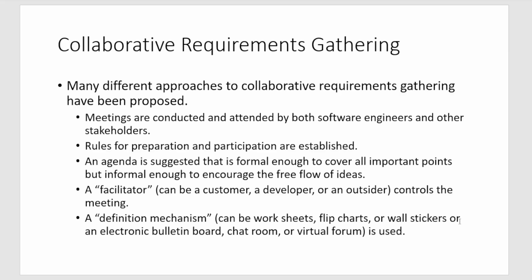That means we can use worksheets, flip charts, wall stickers, electronic bulletin boards, chat rooms or visual forums for discussion, creating ideas and collaboration. These are some of the things we use in collaborative requirement gathering.